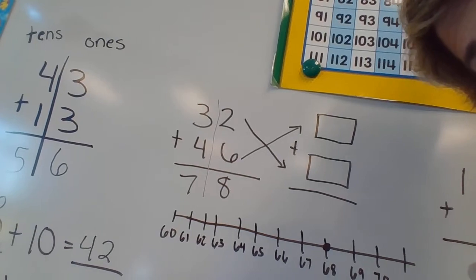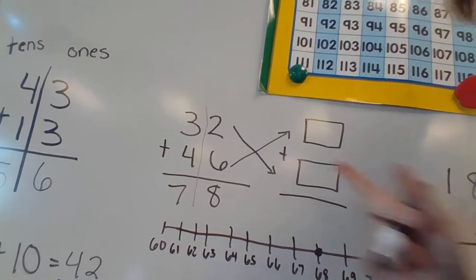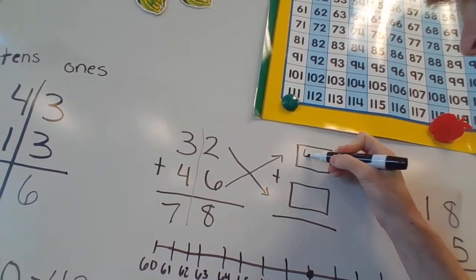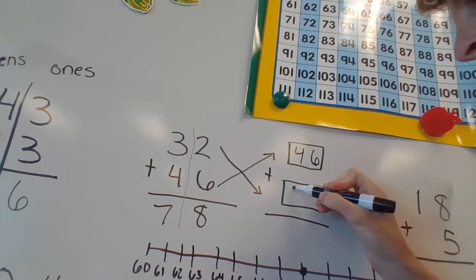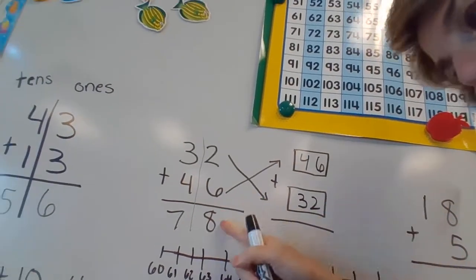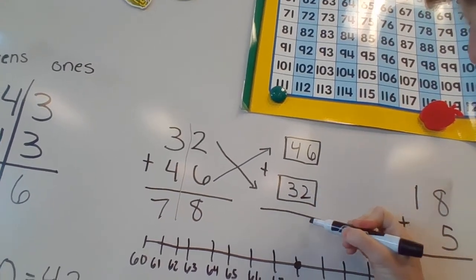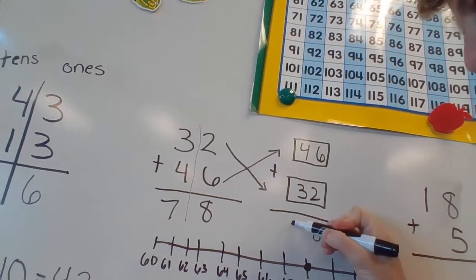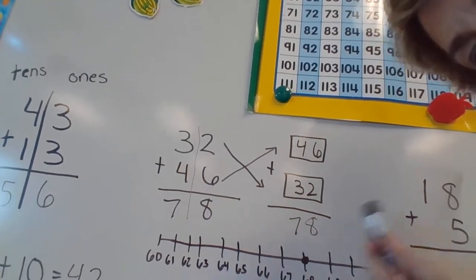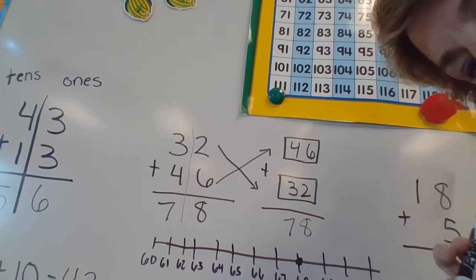Remember, it doesn't matter what order I add them in, right? So I'm going to put 46 plus 32, and I'm going to check and make sure I get the same sums. So I have 6 plus 2 is 8, 4 plus 3 is 7. So yes, both of them are 78.